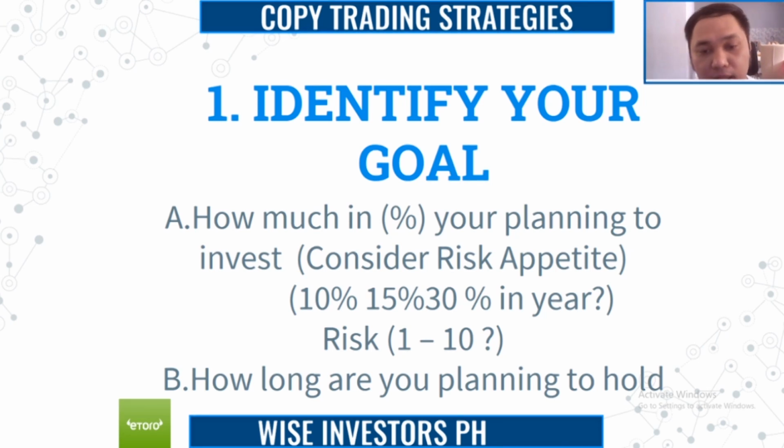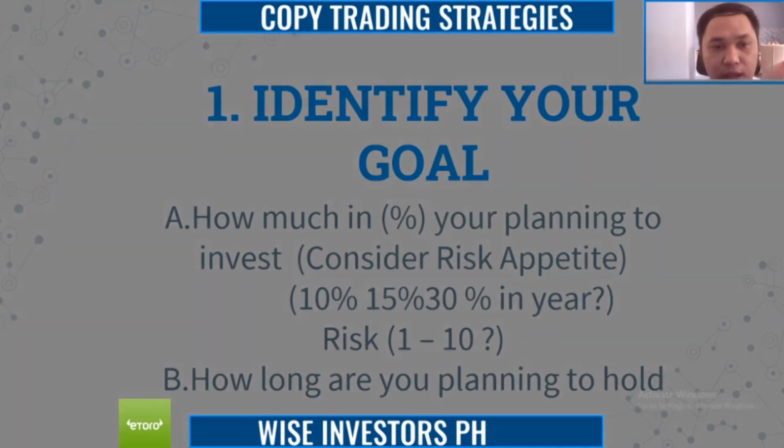How much are we planning to gain for the year? Is it 10%, 15%, or even 30% in a year? Identify your risk from 1 to 10. Of course, we can only copy people from 1 to 5. And last but not the least, you need to know as an investor how long you are planning to hold, because there are also investors that take profit when they are already in profit. So that's why you need to identify your goal.